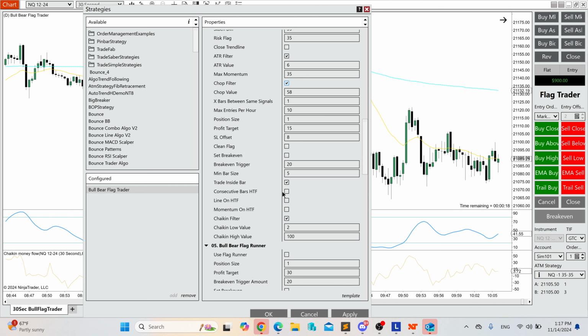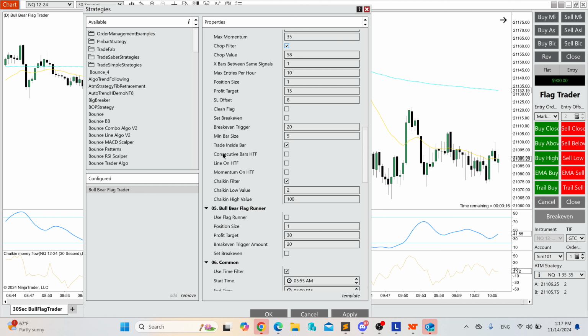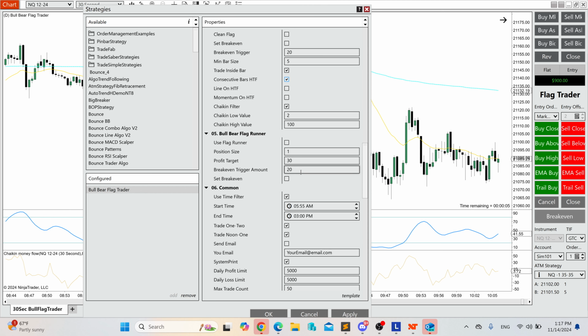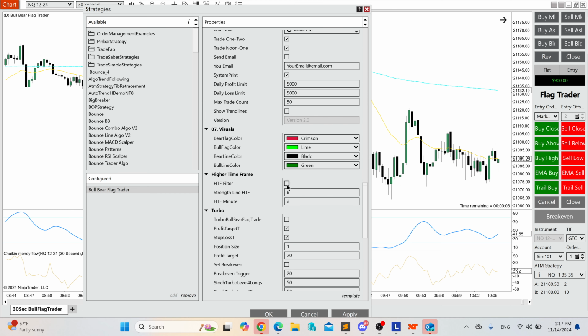And also, when a filter is suffixed by HTF, it means HTF needs to be selected. So if you want consecutive bars on HTF, you would need to go down here and select this filter, and maybe strength for trend line on HTF would be 1, and select HTF minute would be 2.